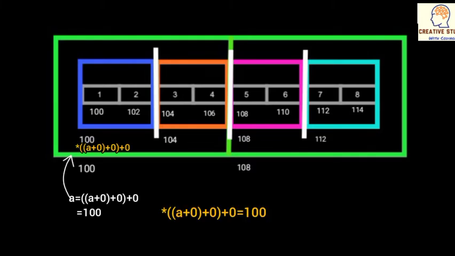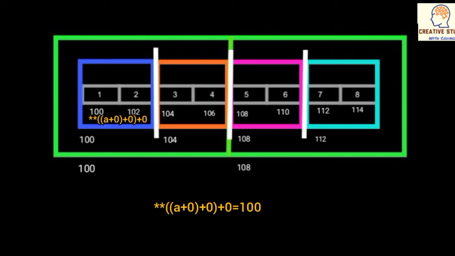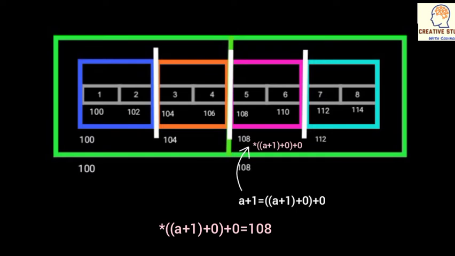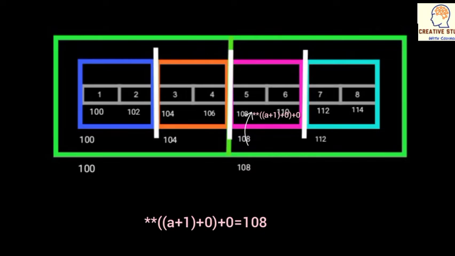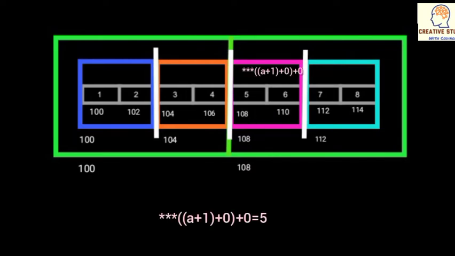So this gives the address of the first 1D array of the first 2D, and this gives the address of the first element of the first 1D, and this gives the value of the first element. So this gives the address of the first 1D array of the second 2D, and this gives the address of the first element of the second 2D array, that is 108, and this gives the value of the first element of the second 1D array, that is 5.